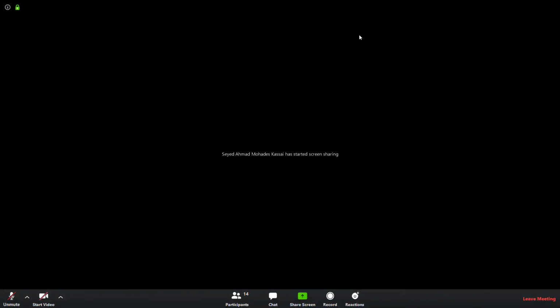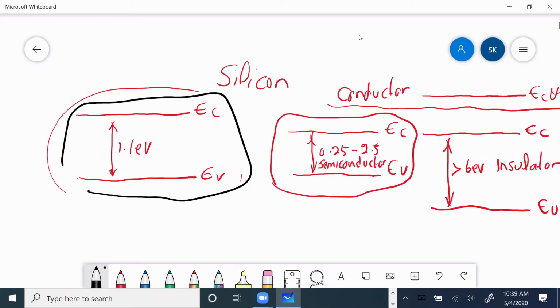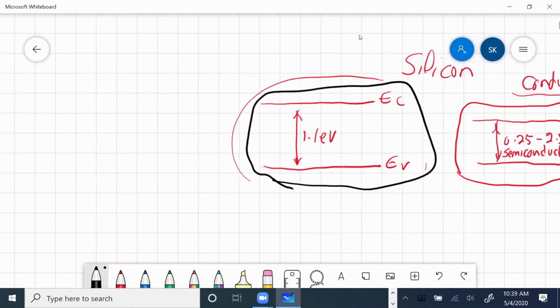Just like medical people describe a medicine in the generic form, and ordinary people or chemists name it differently, we name silicon as 2 bands of energy. There are 2 bands of energy with a gap between them, which is about 1.1.